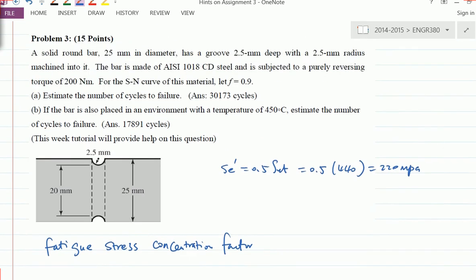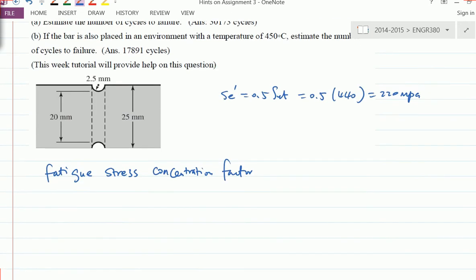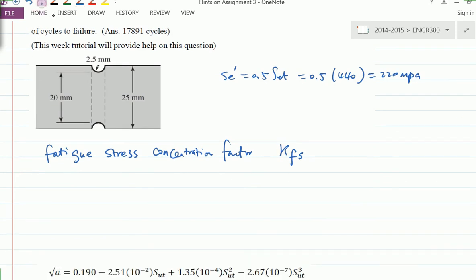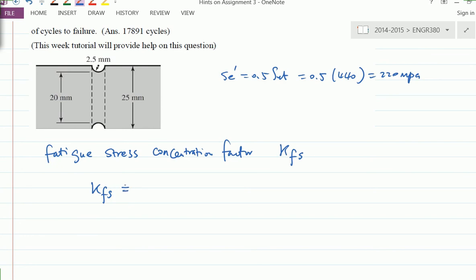Now this question, if you look at it, is a purely reversed torque, so the loading is torsional loading. Then the fatigue stress concentration factor we're looking for should be Kfs. In the lecture we learned that Kfs is related to the static stress concentration factor by this relationship.